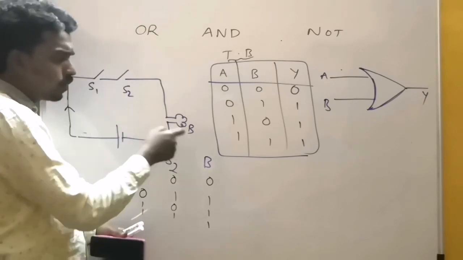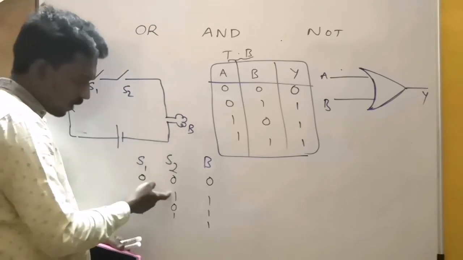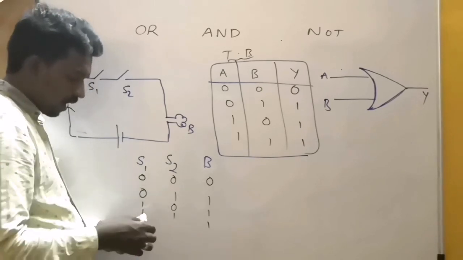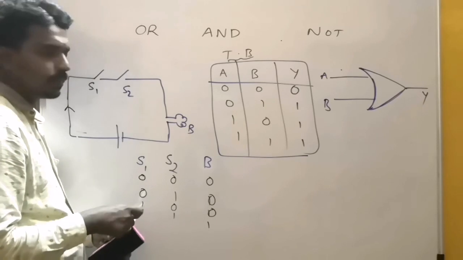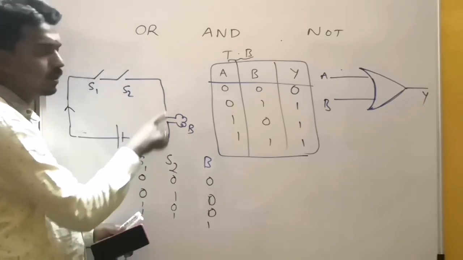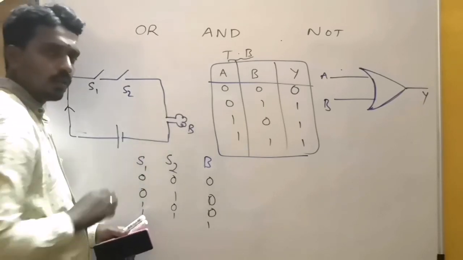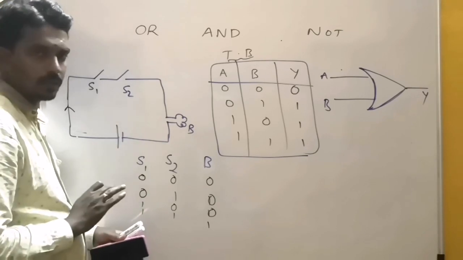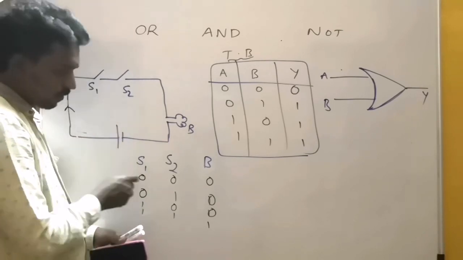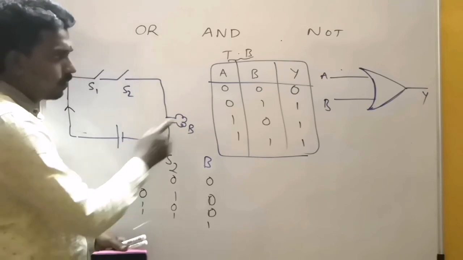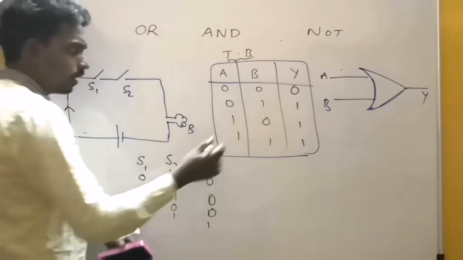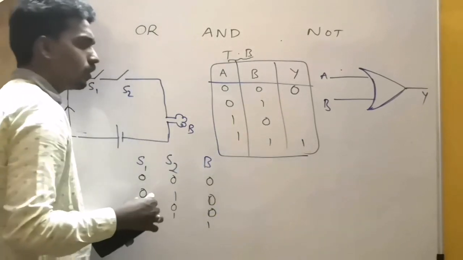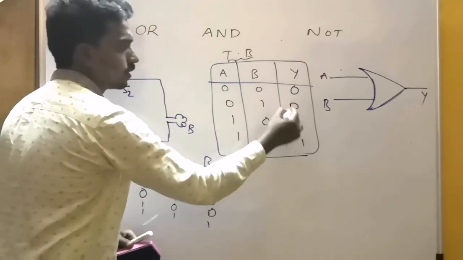So no current will flow through the bulb. So for 0, 1 and for 1, 0 also the output is 0, because no current will flow through the circuit, no glowing of bulb happens. That's why for all three cases, 0, 0, 0, 1, 1, 0, the output is 0, 0, 0.